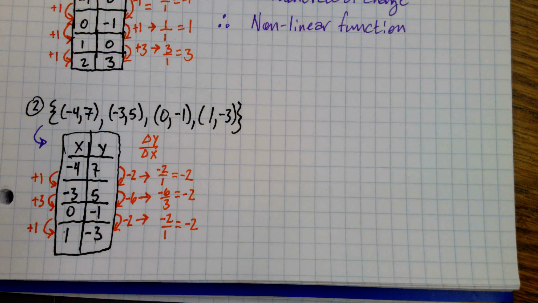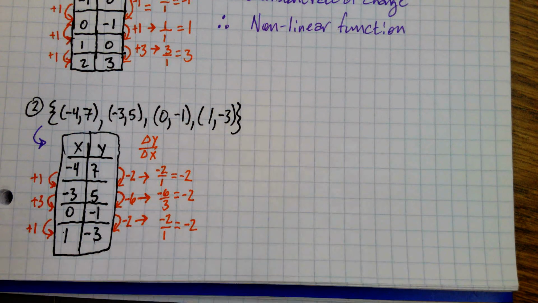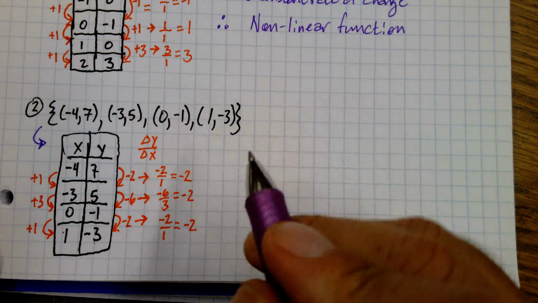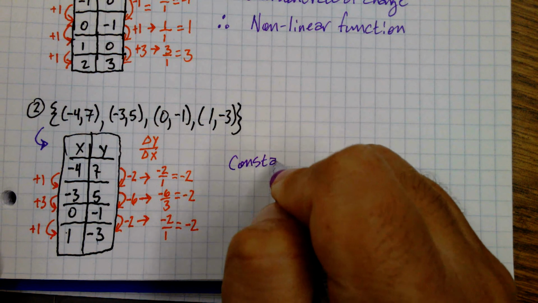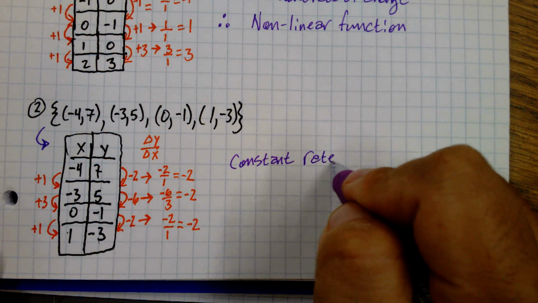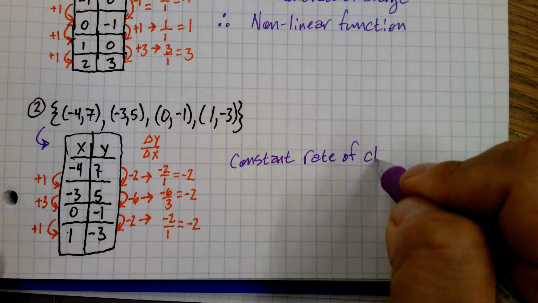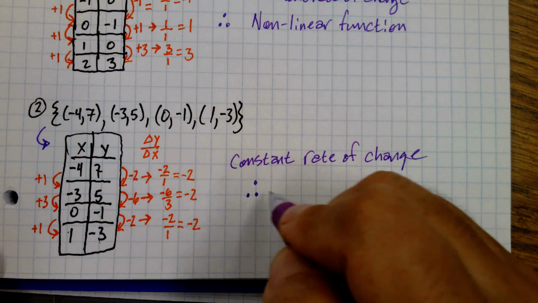Linear or nonlinear? Linear. So you see what I'm saying, you always check the ratio, because you want to make sure that you get the same thing each time. So we got a constant rate of change, so it's linear. Therefore, linear function.